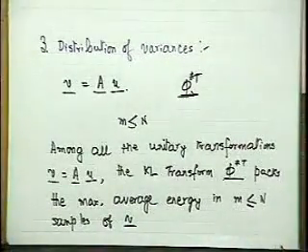So this also makes the K L transformation very attractive. That means out of all the unitary transformations which are known, the K L transformation gives you the best performance in energy compaction. Here also I am not going into the details of the proof, just formulating this mathematically.